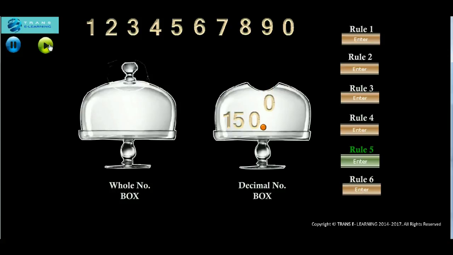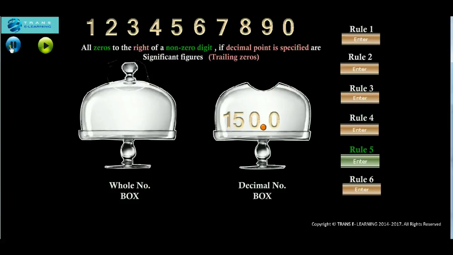Again, another zero came and it's staying at this position. So we just saw that the zero entered at this position and it's staying there inside this box. That means zero at this position is considered as significant. Again, the zero at this position is also considered as significant in a decimal number box.